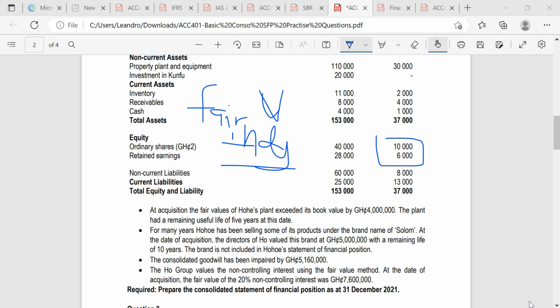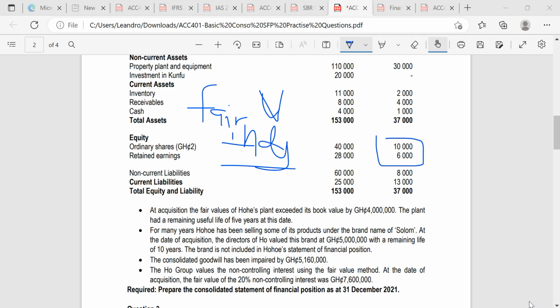So you know what to do with them. So the only two things which I wanted you to be aware of is fair valuation of your assets and liabilities, assets acquired and liabilities assumed at the date of acquisition, which means you have to fair value them and add them to your net assets.